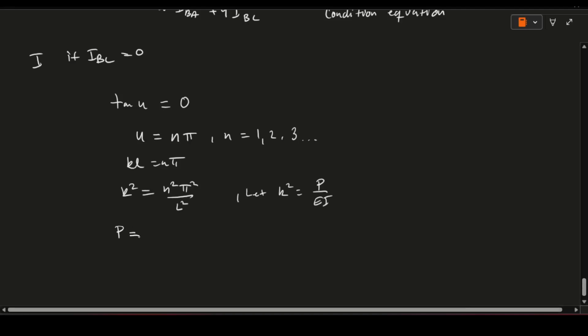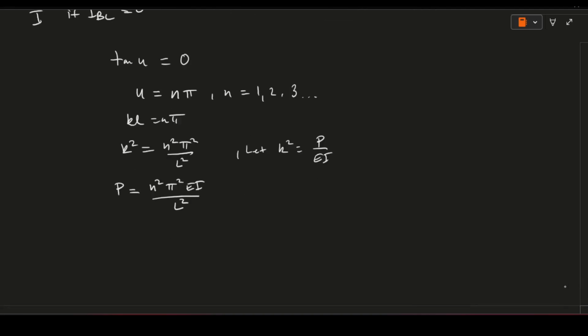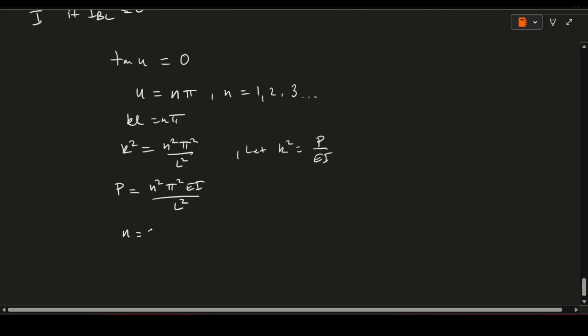We can solve for P and get n squared pi squared EI over L squared. And if we let n equal 1, we get the critical load PCR equal to pi squared EI over L squared.